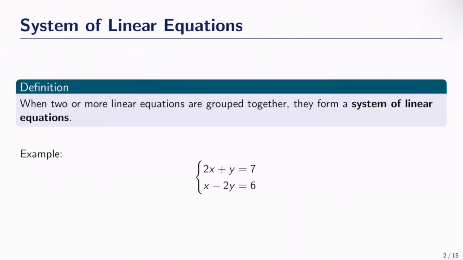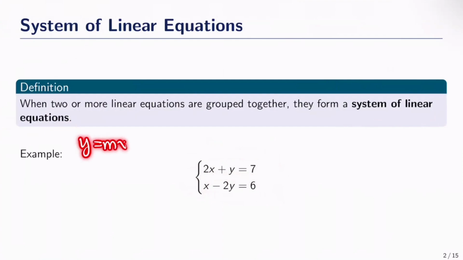So first, we have our formal definition of a system of linear equations. And that's just essentially two separate linear equations. Right now, we're looking at two linear equations in standard form, but they can be in slope-intercept form, aka y equals mx plus b.